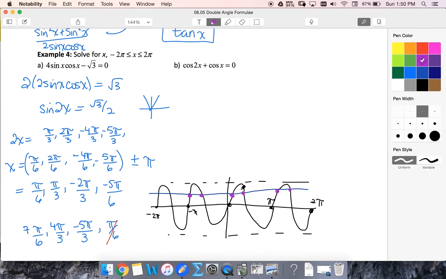Pi over 3 minus a period, negative 2 pi over 3, so that's there. And now negative 5 pi over 6 minus a period is negative 11 pi over 6. So that's the one I'm missing. Negative 11 pi over 6. All right, sorry, I didn't mean for that example to take so long, but it goes back to checking your answers.